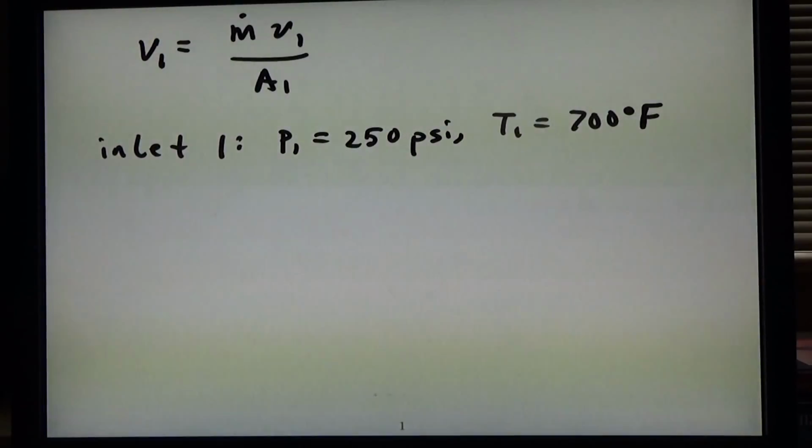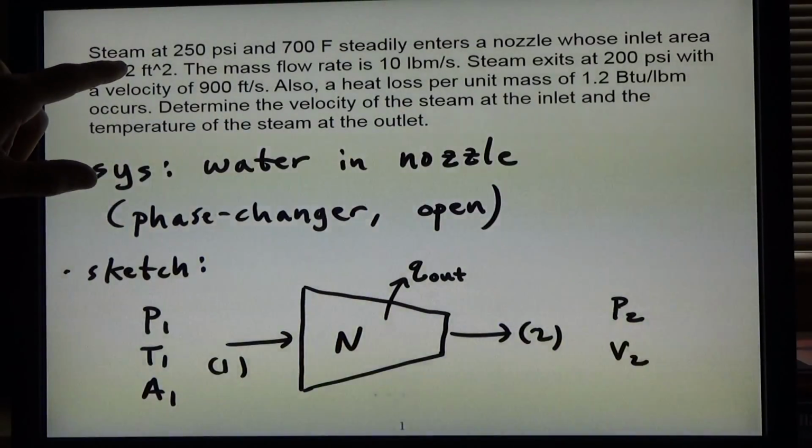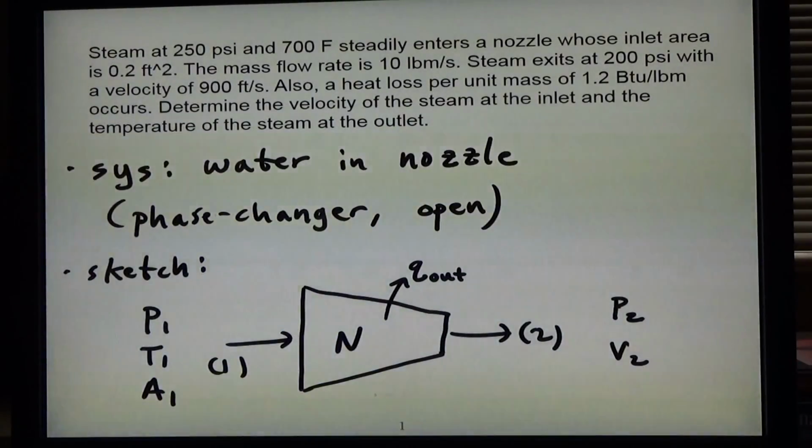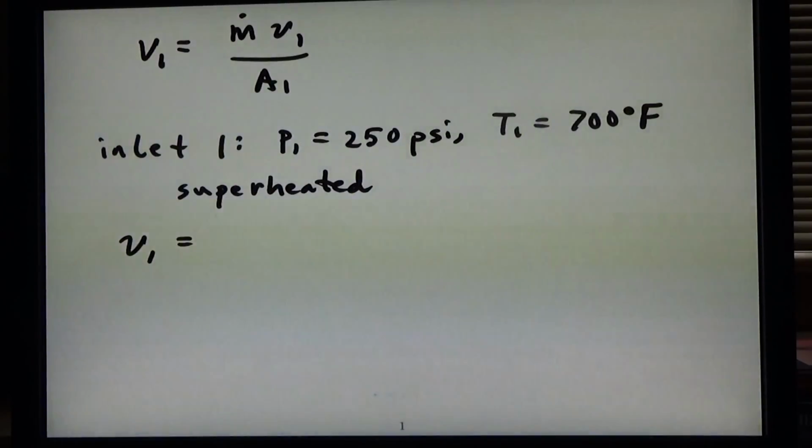We have water as our system, and it also says that at the inlet we have steam. So we don't have to worry about checking the phase of the water at the inlet. We have a superheated vapor at the inlet. So if we're looking up specific volume, we just find specific volume at the given pressure and the given temperature from the superheated tables.